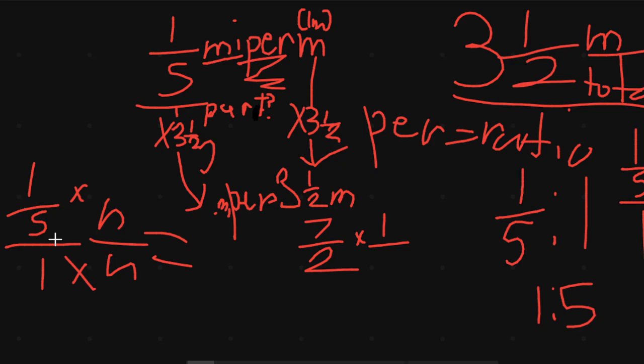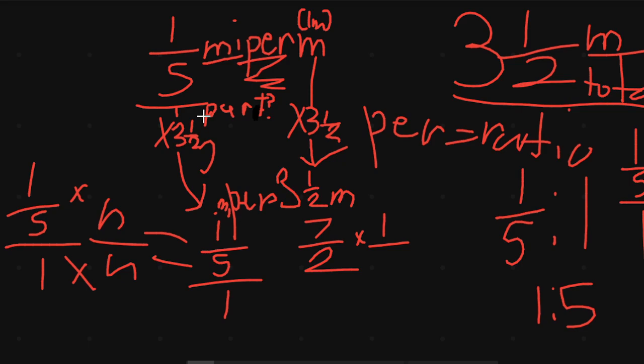And again, any fraction multiplied by a fraction whose numerator and denominator are the same number will equal something equivalent to 1/5 over 1, which is again just 1/5. So we are multiplying both by 3.5 here and not dividing, because per is a ratio. So the ratio here is 1/5.